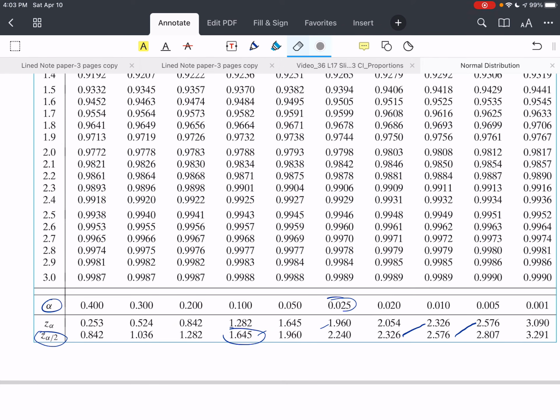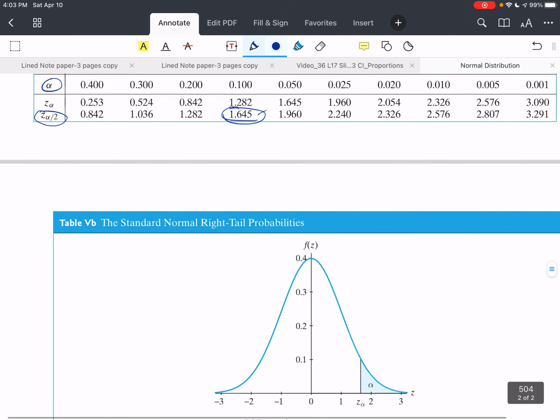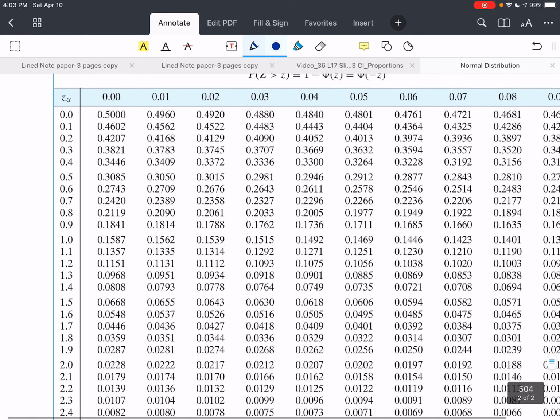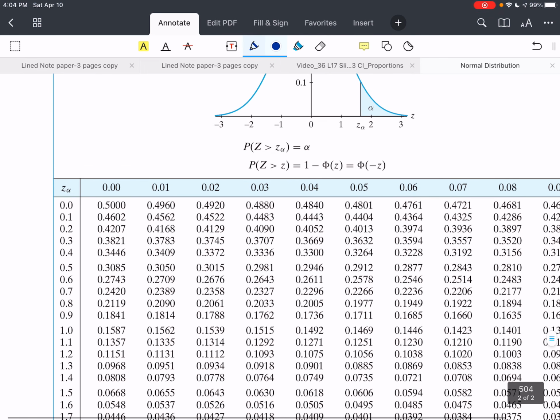So our number that we want is 1.645. You could also come over here and try to find 0.05. You're not going to find it exactly. It's going to be exactly between these, so you can't use either one of these. Neither one is closer, so you have to go right in the middle, which is halfway in between.